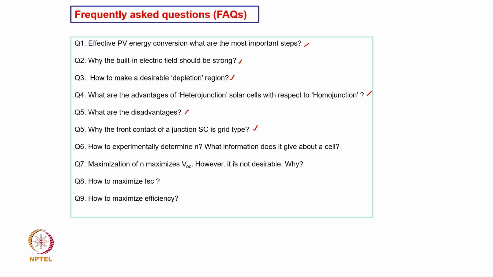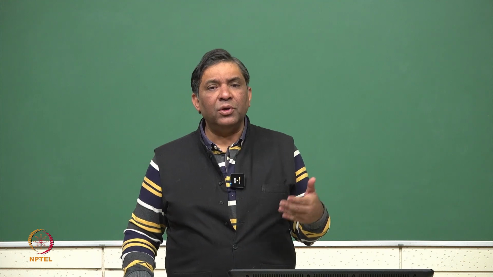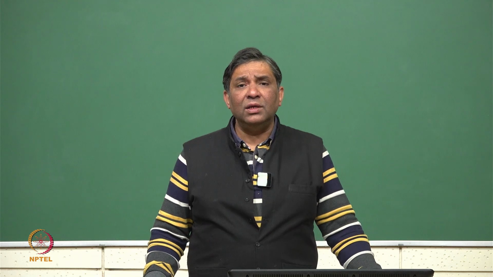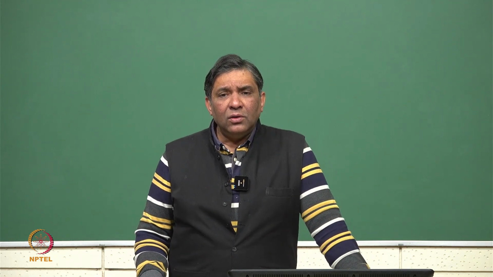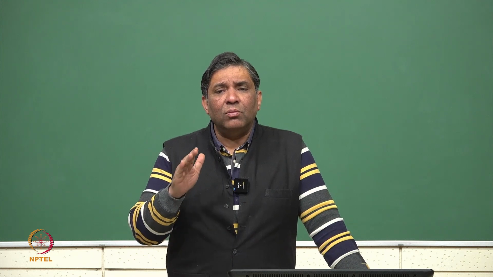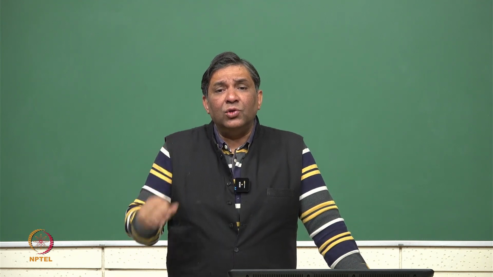How to experimentally determine N? What information does it give about the solar cell? So, N we have already calculated. You go back to the equation where we have calculated the value of N, that is the ideality factor. The ideal value of the ideality factor is 1.